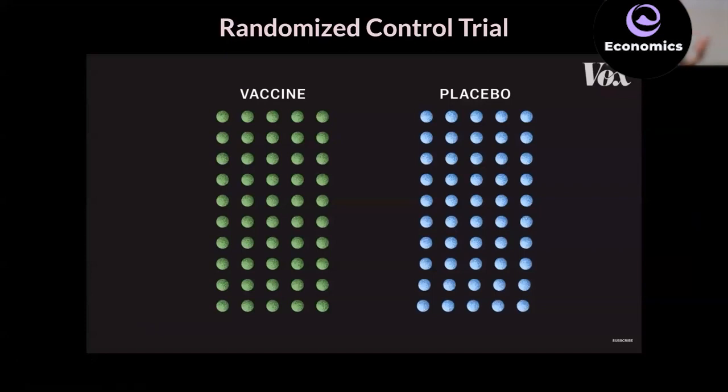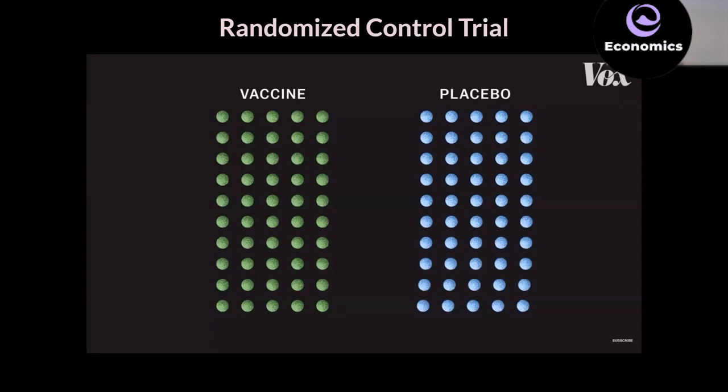And so on average, the difference between two groups is that the only difference they have is that one thing you give them. This is really crucial in medicine and later on in economics. Some people like Esther Duflo pioneered this idea and brought it into economics.